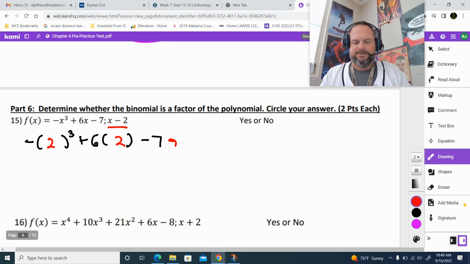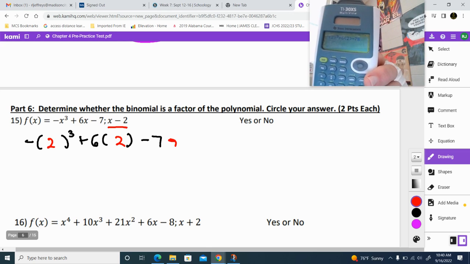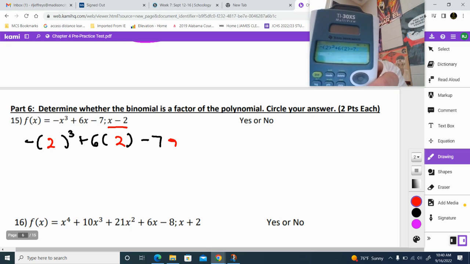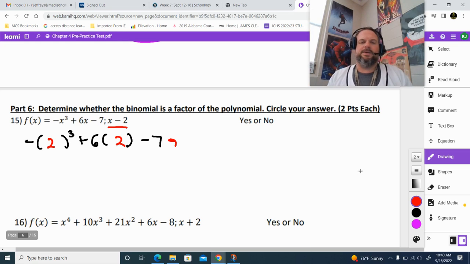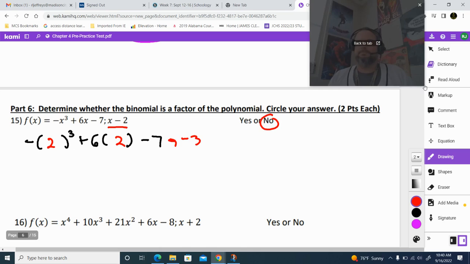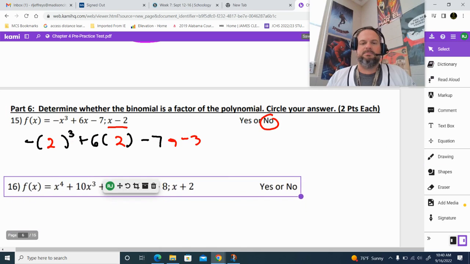If we don't get a 0, it's a no. All right, we get -3. It's a no.